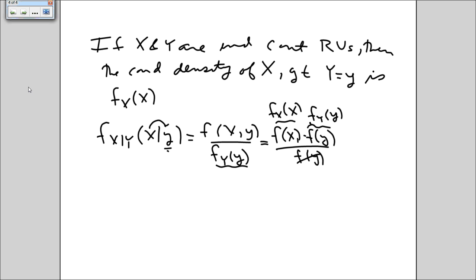And this cancels out. And all you have is this. It's just the density of x at little x. And that's what happens when x and y are independent. That finishes this section.